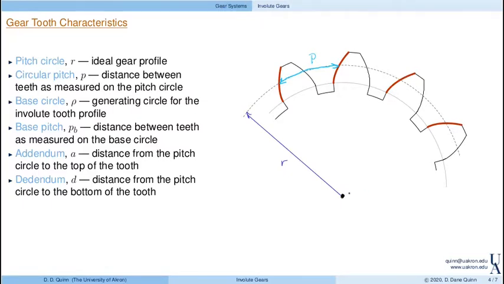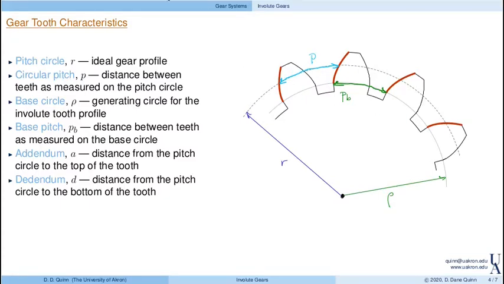And there, essentially we have something like this. This is going to be rho. Rho is going to be the radius of that gear. And as a result, we have the distance between teeth as measured on the base circle. So that's going to be this distance, and that'll be defined as PB, the base pitch. Again, the base pitch is the distance between teeth as measured on the base circle. Circular pitch is the distance between teeth as measured on the pitch circle.